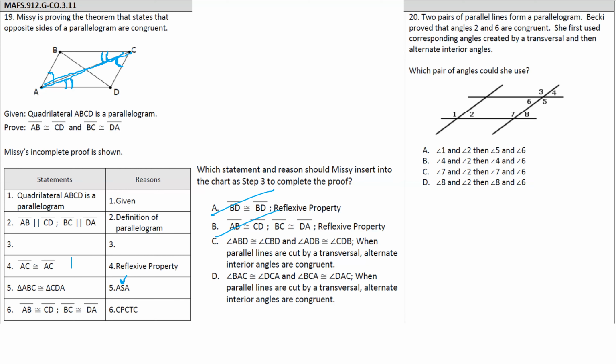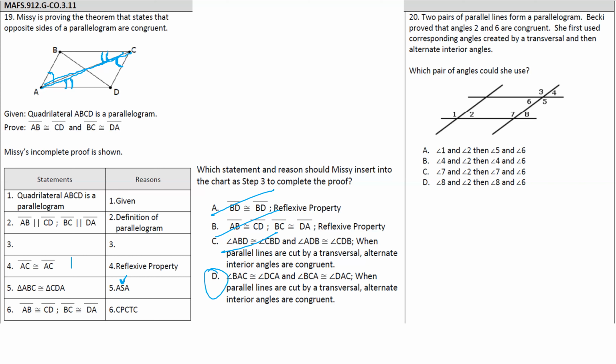So C is definitely out. And the only option left is D. And D has the correct angles that I just labeled as being congruent. So that would be our missing part of that proof. And so sometimes you have to use the future steps to help find what was missing.